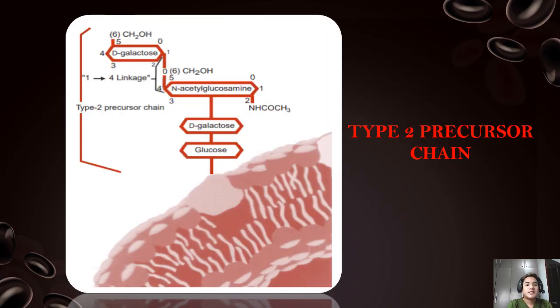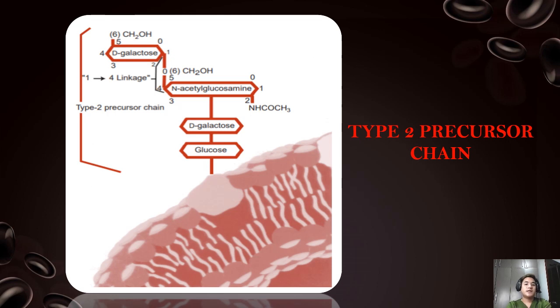Okay, this is a nice illustration of the beta 1,4 linkage of the type 2 precursor chain, which is predominantly seen on your red cell antigen structures. I actually got this nice picture and the rest of the succeeding illustrations from our reference textbook, Modern Blood Banking and Transfusion Practices by Denise Harmening.